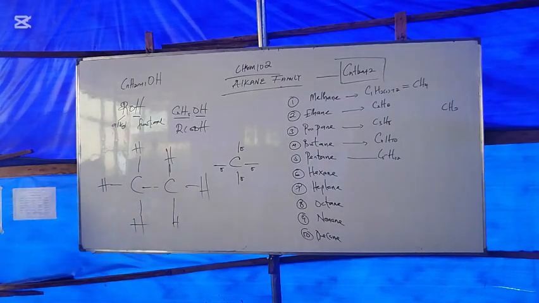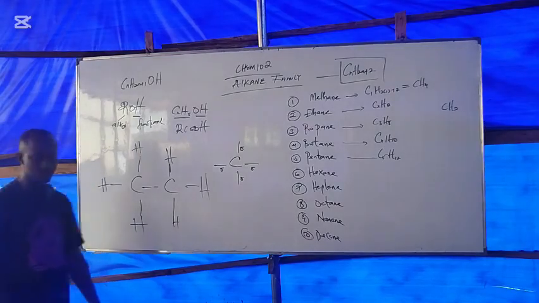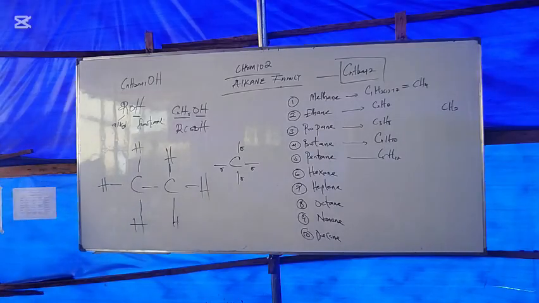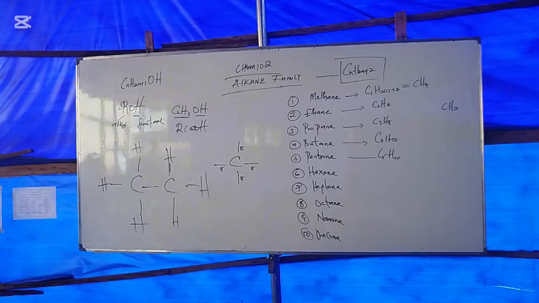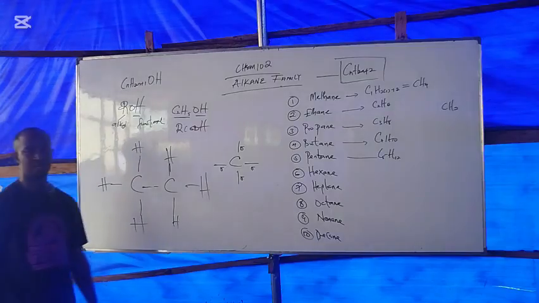Let's define alkane. Alkanes are saturated hydrocarbons containing single bonds between the atoms.